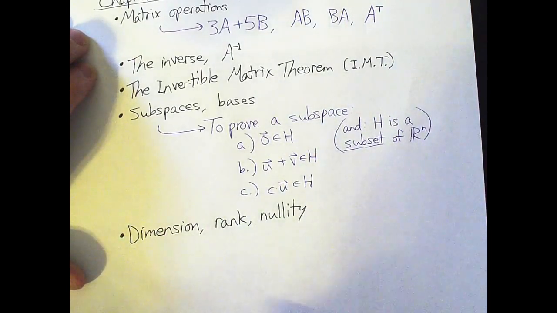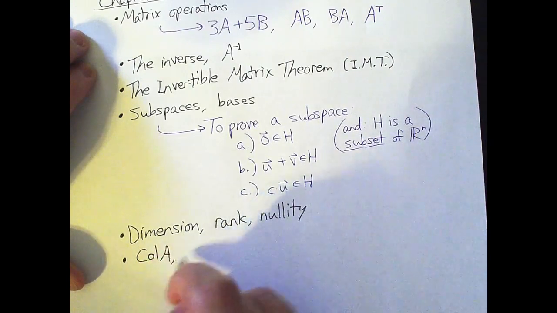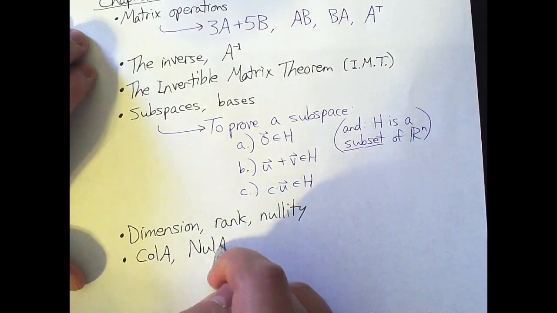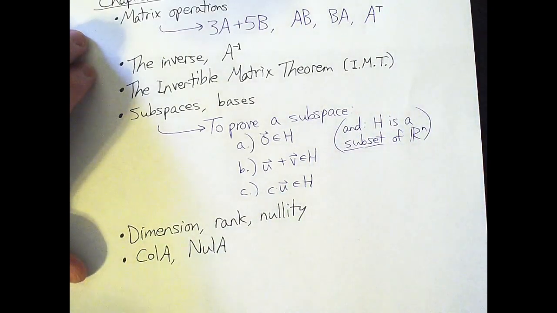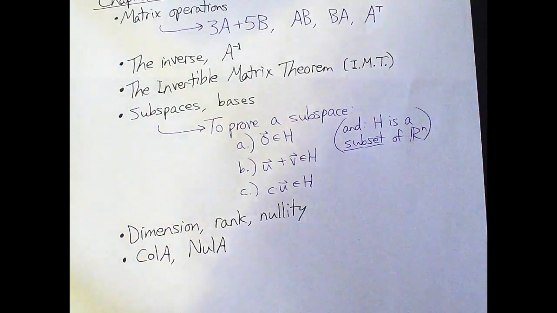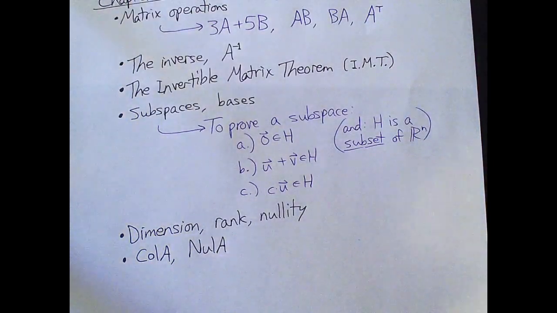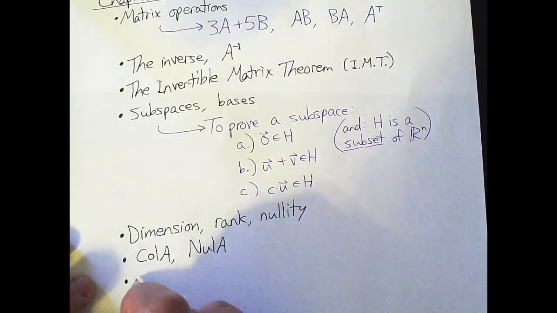Some of the popular examples of subspaces are the column space of A and the null space of A. You should know how to find those. And that means this must have been where we saw the rank nullity theorem.